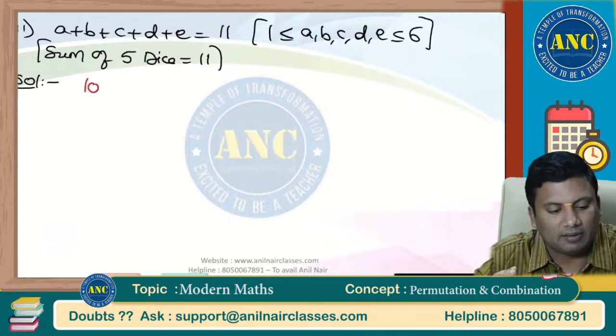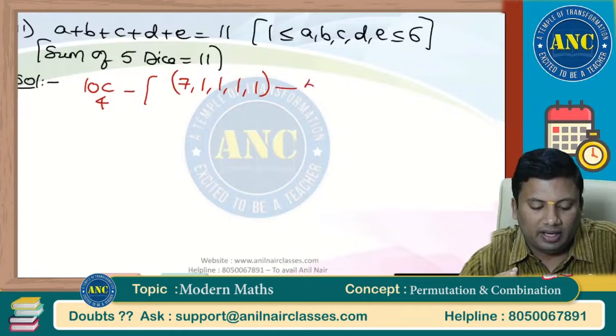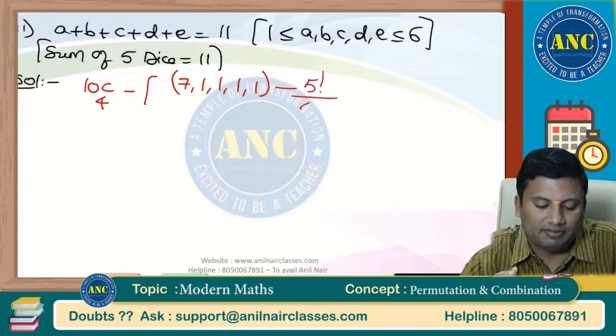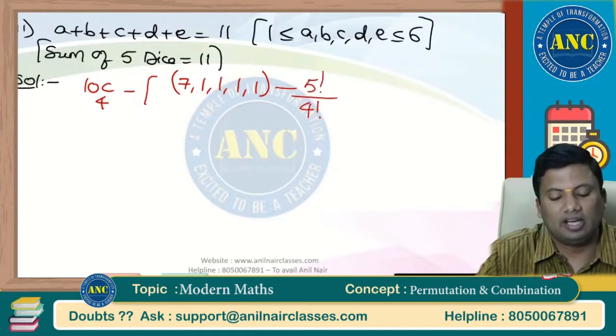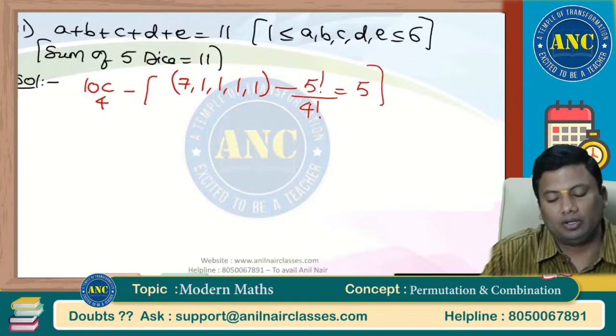The answer is nothing but 10C4 minus the case 7 comma 1 comma 1 comma 1 comma 1, which sums to 11. These 5 numbers can arrange among themselves in 5 factorial, and 1 is there 4 times, so 4 factorial. 5 factorial by 4 factorial is 5.